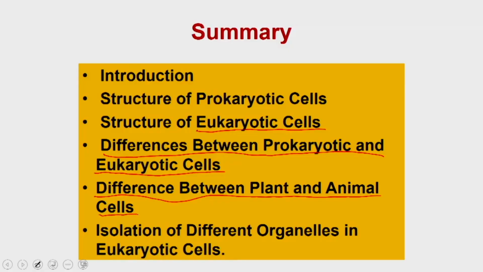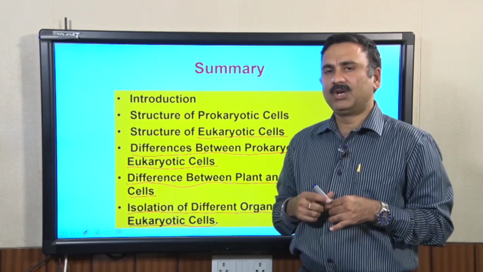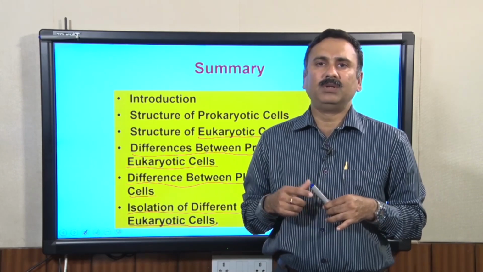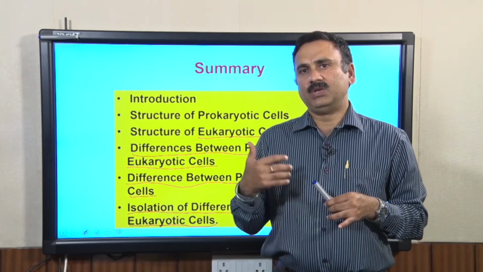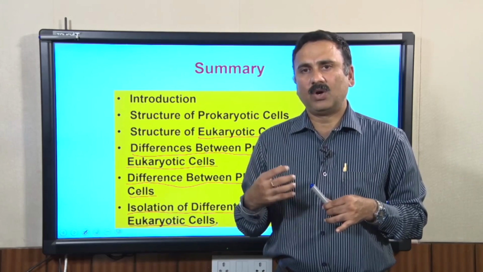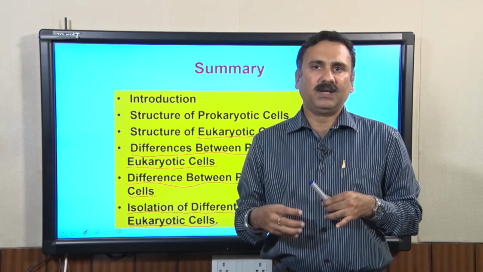And at the end, we also discussed how you can isolate the different organelles in a eukaryotic cell. We also discussed the isolation of the periplasmic fraction as well as the cytosol from the prokaryotic cell. In this lecture, we discussed the different techniques which you can use to isolate the different organelles present in a eukaryotic cell.